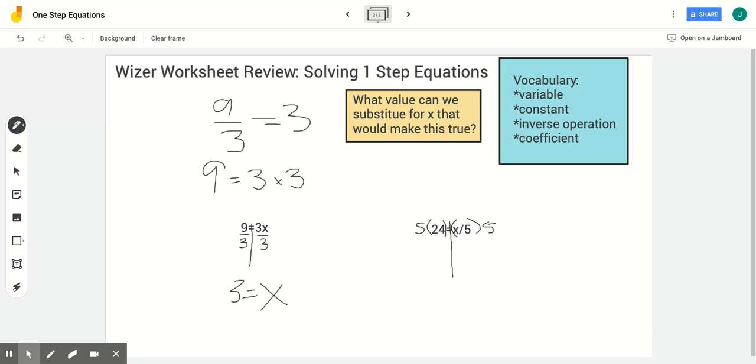Desmos. 5 times 24 is equal to 120. x divided by 5 times 5, those 5s just cancel out, and we're left with just x. So we end up with 120 equals x. So we just keep using our inverse operations.